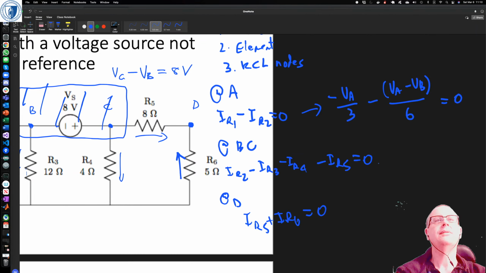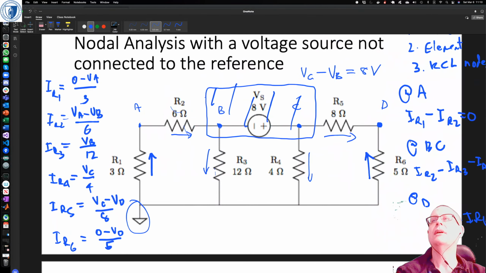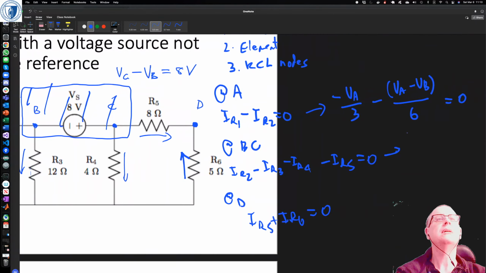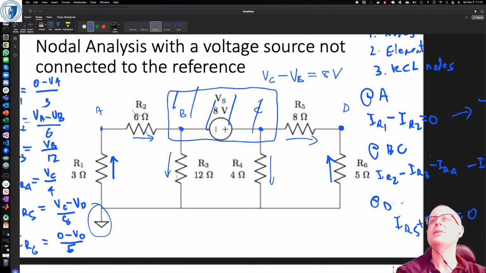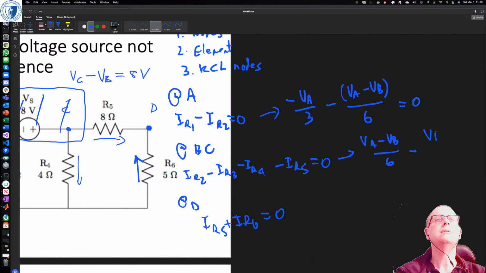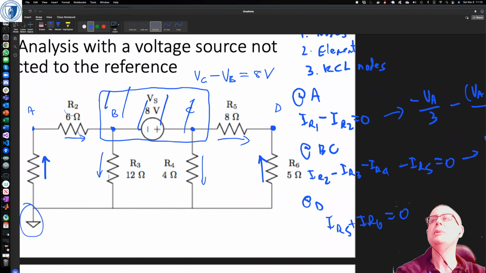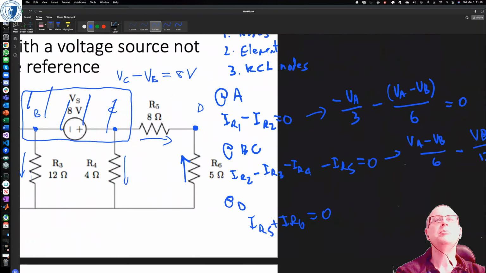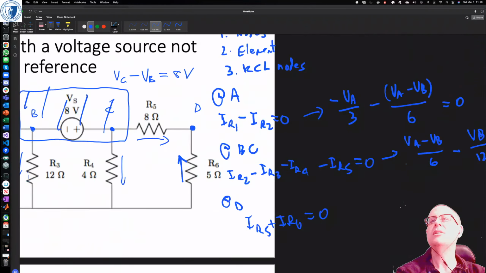And let's just do this one again. So IR2 is again VA minus VB on 6 minus IR3, which is VB on 12. It should be a B, make it look like one maybe. And then minus IR4, minus VC on 4.